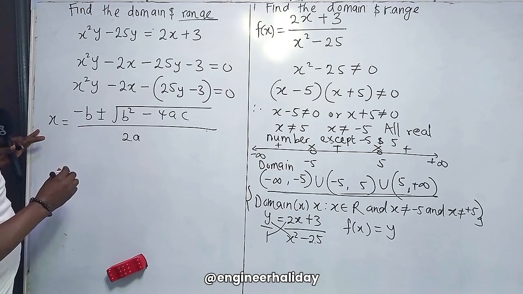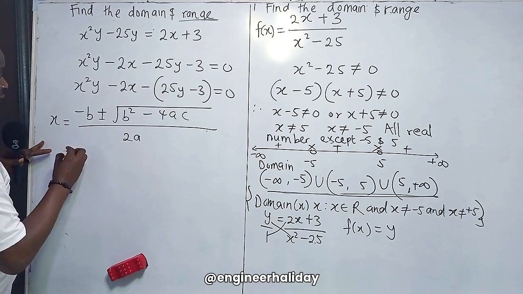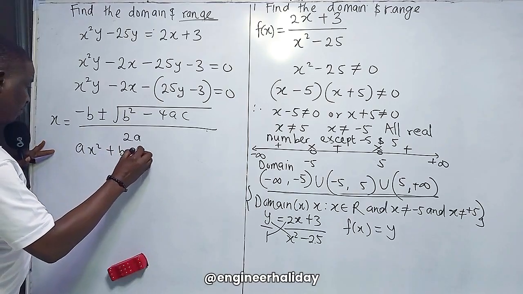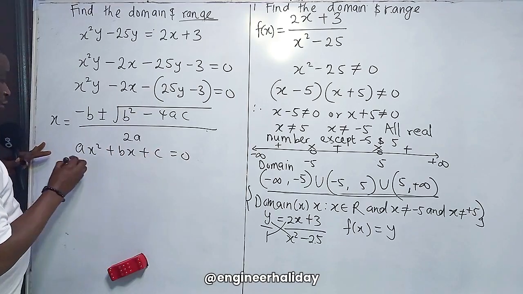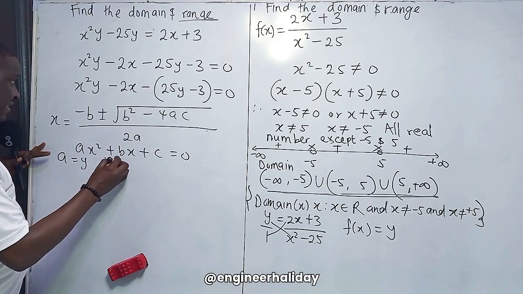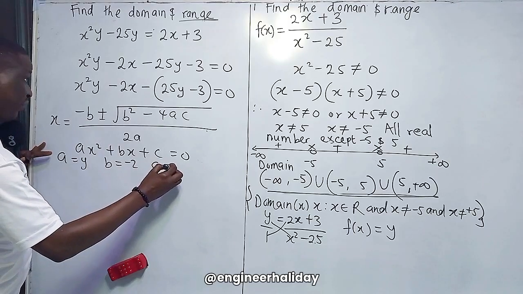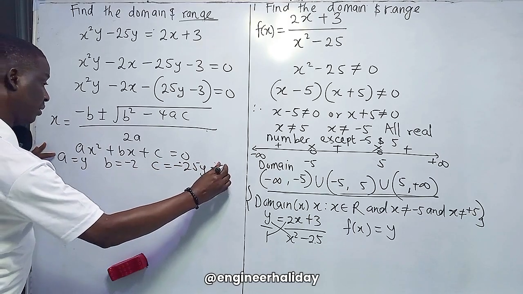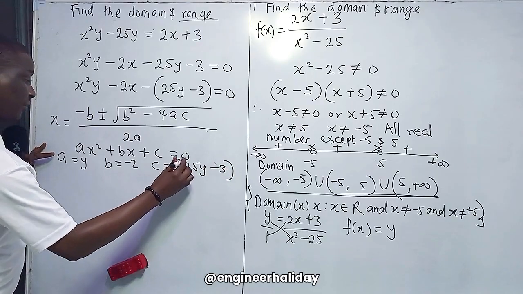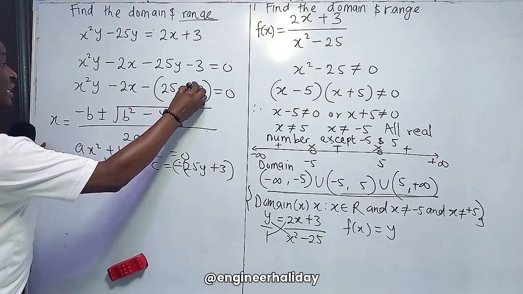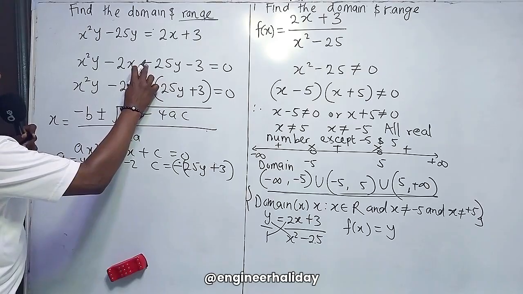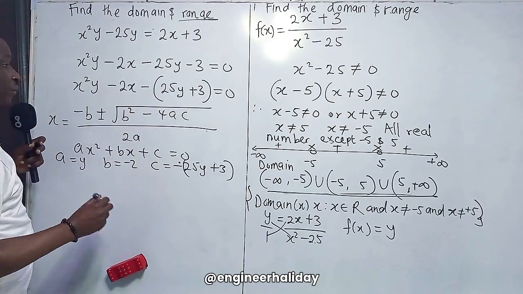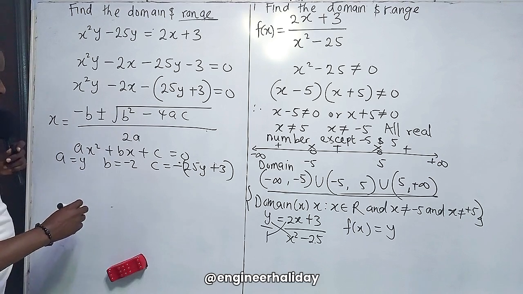So follow me. If you compare them with ax squared plus bx plus c equal to 0, our a is equal to y, b is equal to minus 2, and c is equal to minus 25y plus 3. Sorry, plus 3. Don't forget here it will be plus. If you factorize y out, you have plus there. So it should be plus. Okay, let's go on now.